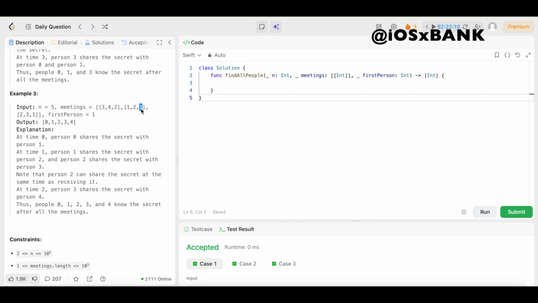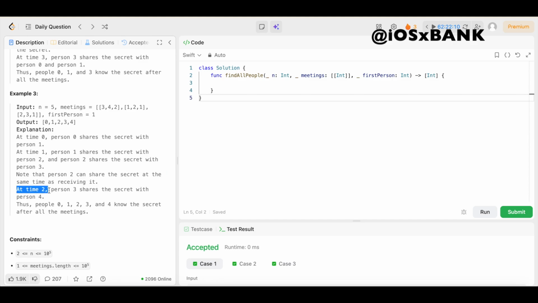We have a meeting at 1 right here between persons 1 and 2, and we also have a meeting right here between persons 2 and 3. So at 1 o'clock, person 1 is going to share the secret with person 2, and then person 2 is going to share the secret with person 3. Boom. Then it says, note that person 2 can share the secret at the same time as receiving it.